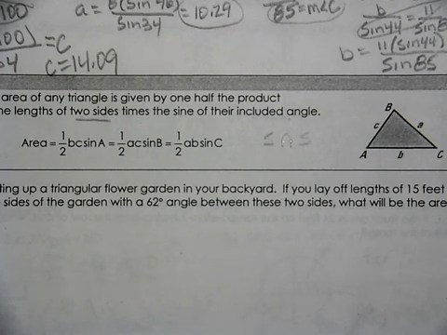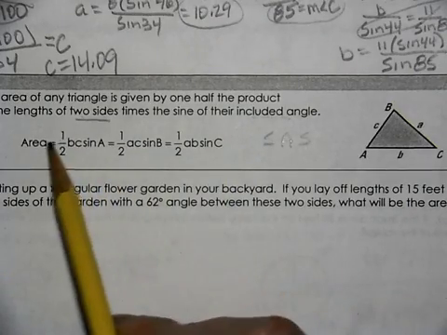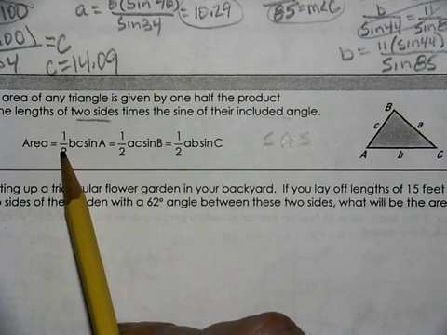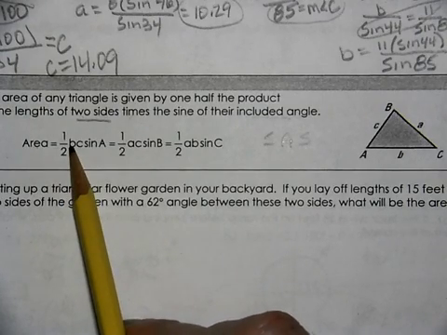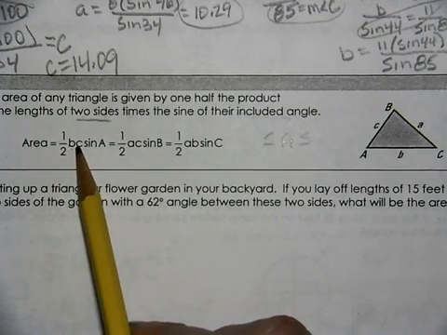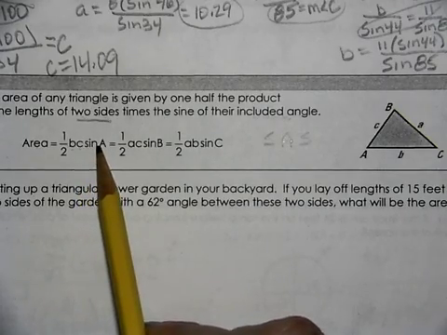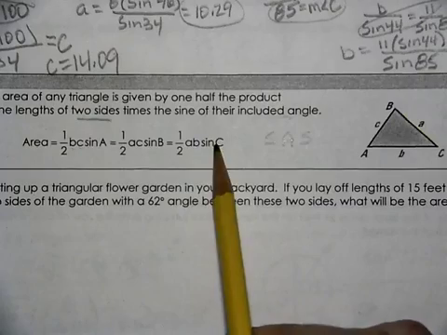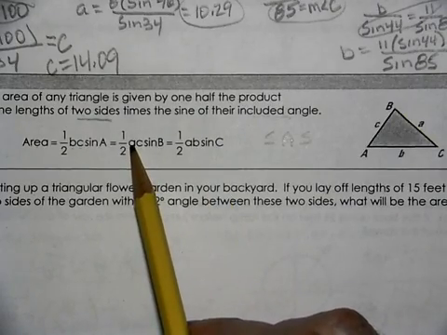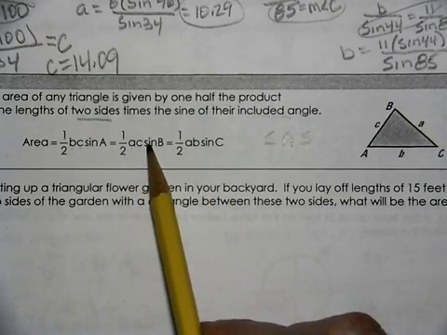You're used to the area of the triangle being half base times height. So if you look at each of these, the area is half a value times, in this case, C sine of A, or a value which would stand for the base, C sine of B.